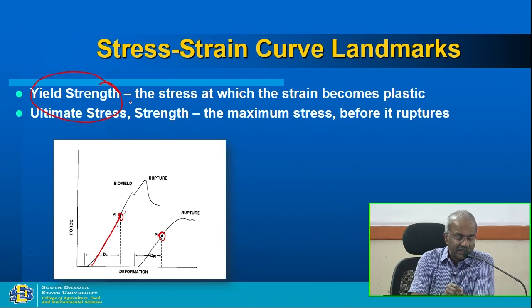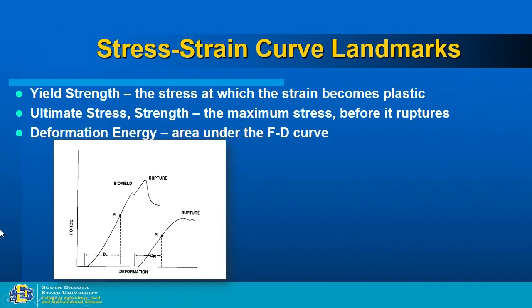And then finally there is the ultimate strength or stress. Up to this point, this is called the ultimate stress or strength, the maximum stress before it ruptures. So finally you can also get the deformation energy, by the area under the force deformation curve. This will give the total deformation energy.